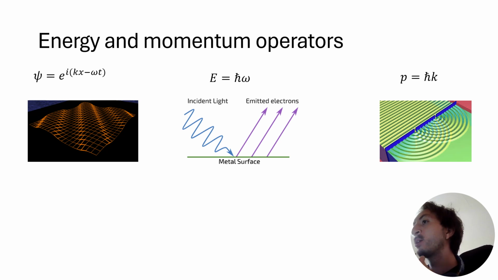By looking at what frequency of light, in other words frequency of the photons, will cause the electrons to be emitted, and also how the energy of the emitted electrons relates to the frequency of the incoming light, you can experimentally get this equation which relates the energy of the particles of light, the photons, to the value of omega, the angular frequency of the electromagnetic wave.